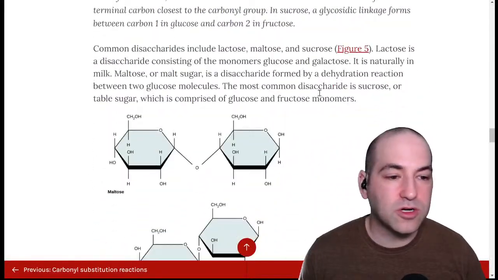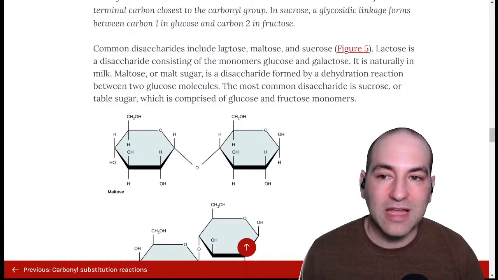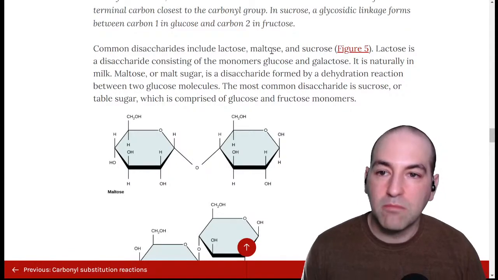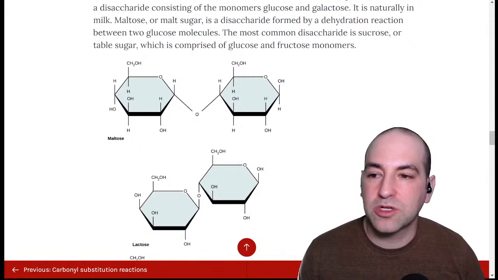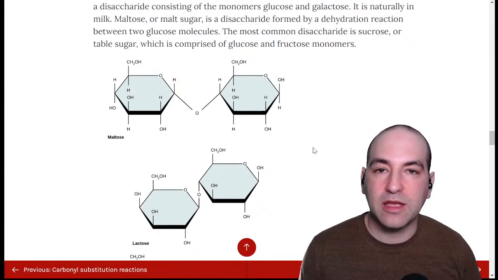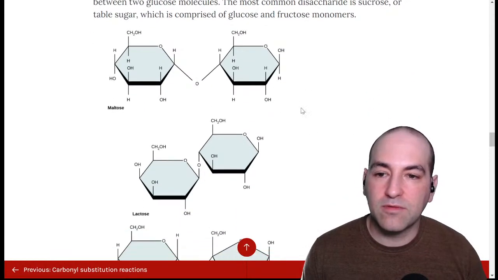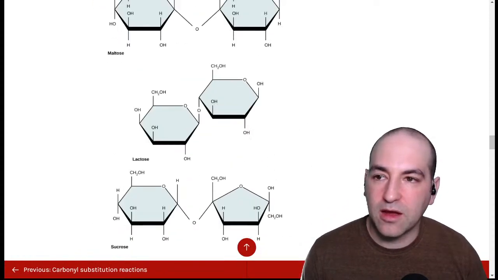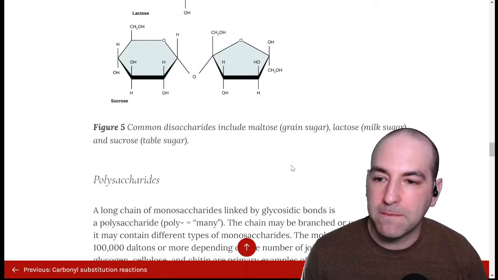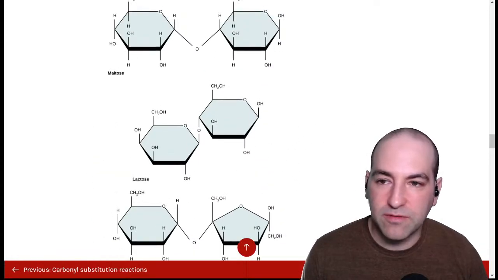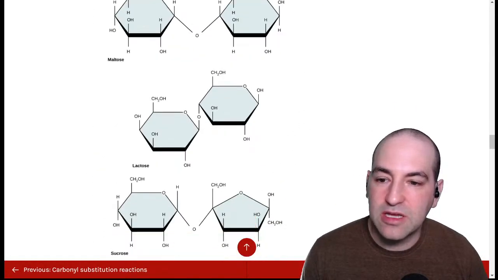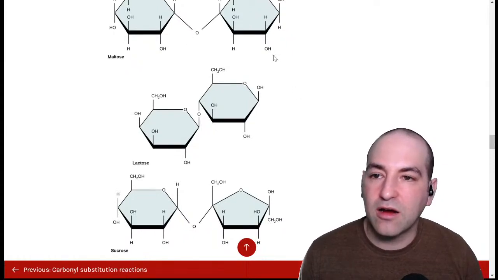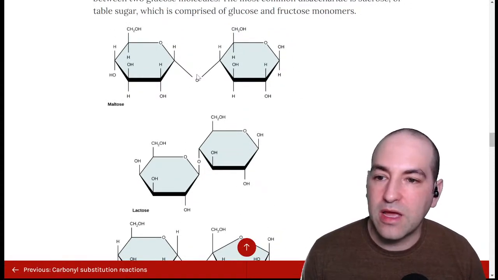So some other sugars you may have heard of, like lactose, milk sugar, maltose. Maltose is the sugars that come from germinating seeds that are often involved in fermentation. Things like beer and stuff like that come from maltose. And there are various different disaccharides. Now you can see here, these disaccharides are made in slightly different ways.